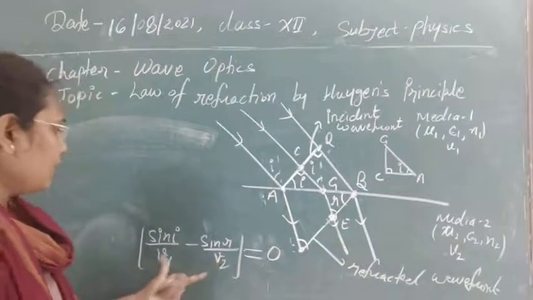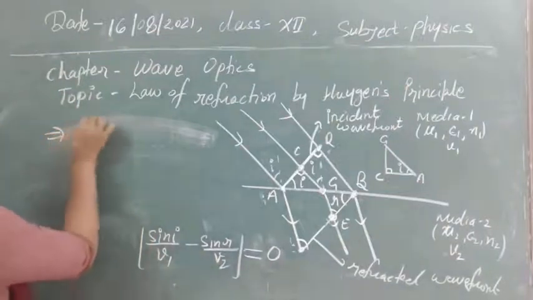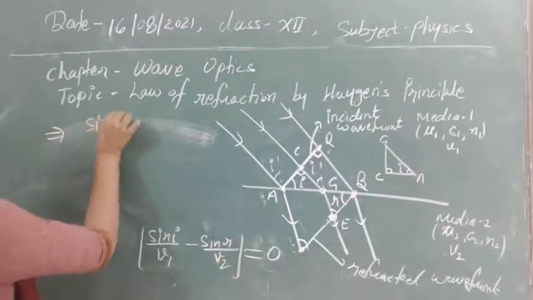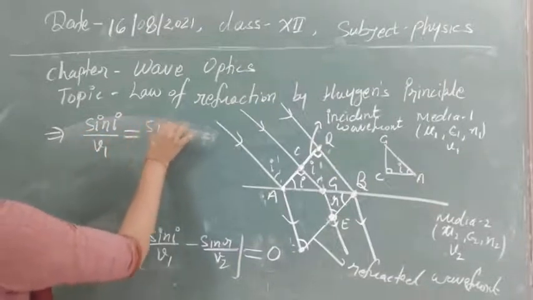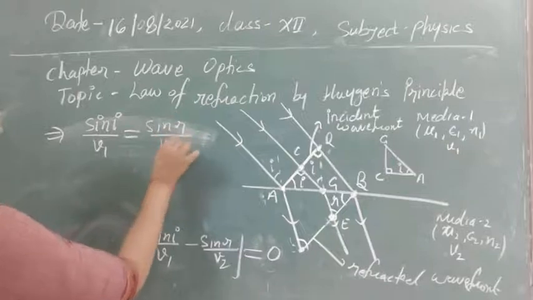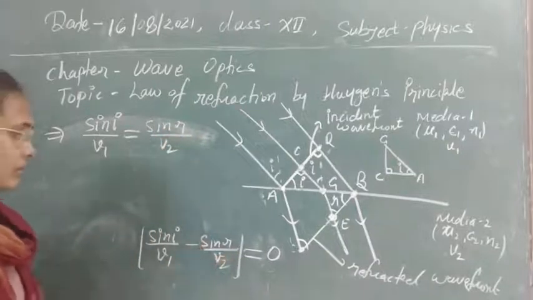Now if you solve this bracket term, finally you will get sine of I upon V1 equal to sine of R upon V2.